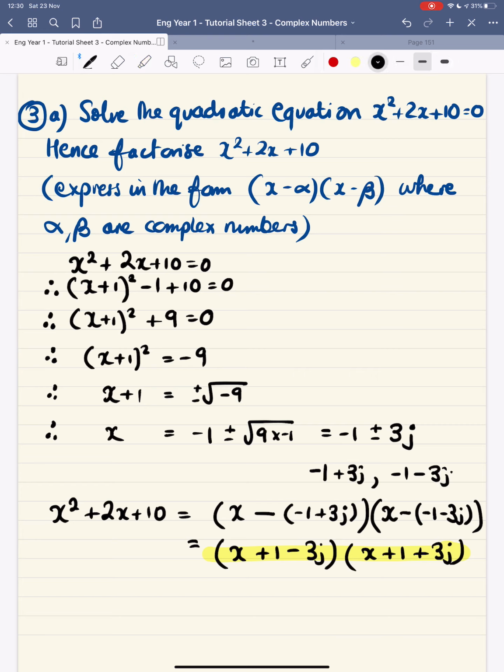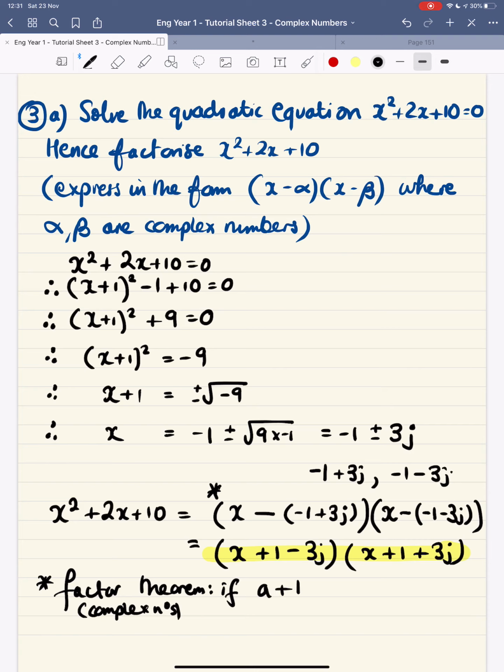So what we've used here at this stage is what's called the factor theorem with complex numbers.